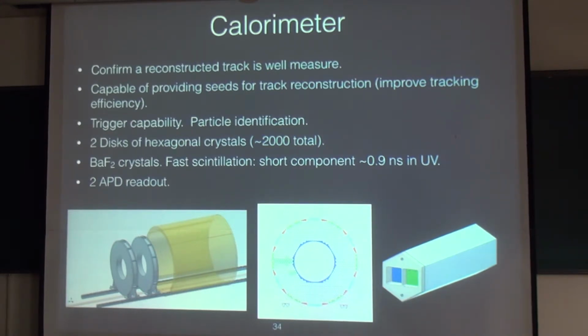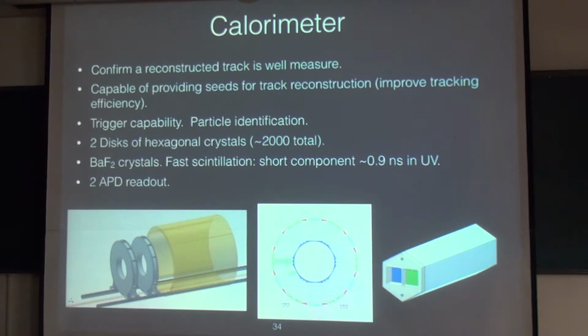The design right now is two disks with hexagonal crystals. The total is about 2,000 crystals here. Each one has two APD readouts. The current choice of crystal is barium fluoride. It has very fast, short components, less than 1 nanosecond in the UV range, and we want to leverage these components.